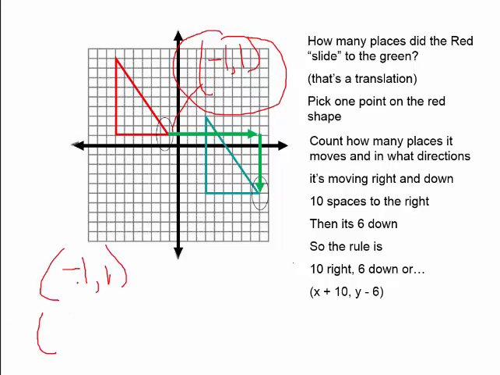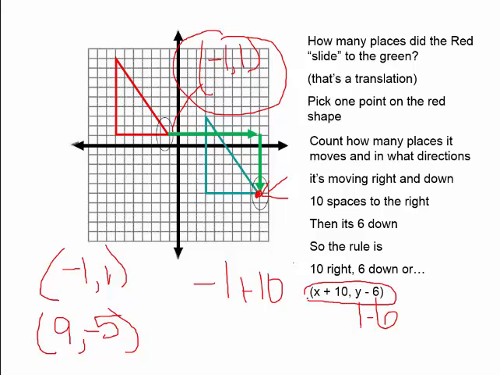If I added 10 to the x, I would get 9. If I subtracted 6 from the y, I would get negative 5. Now let's see where this point actually is. 1, 2, 3, 4, 5, 6, 7, 8, 9 right, and 1, 2, 3, 4, 5 down. And that's exactly where I ended up. So this is another way to write a translation.